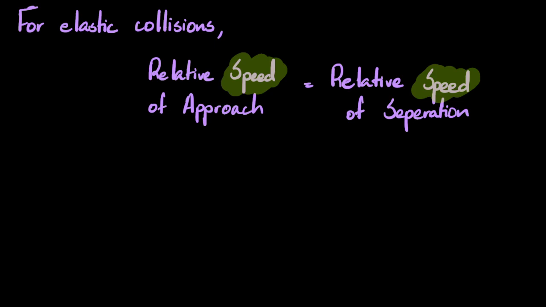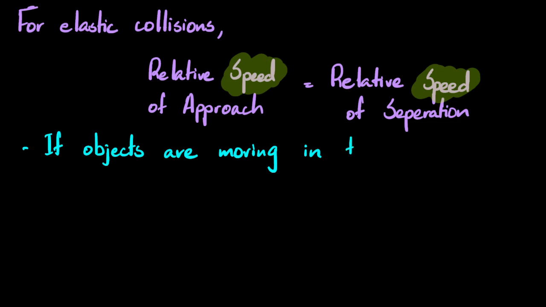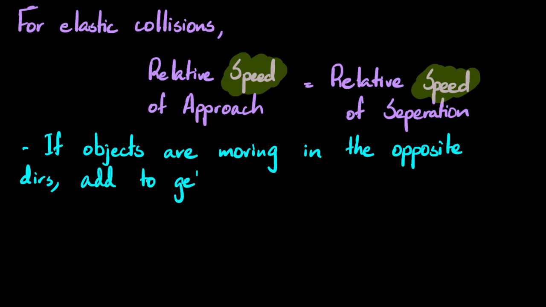So the idea is this, that if the objects are moving in the same direction, or actually if they're approaching each other, they would be in opposite directions. So if the objects are moving in opposite directions, add to get the relative speed.